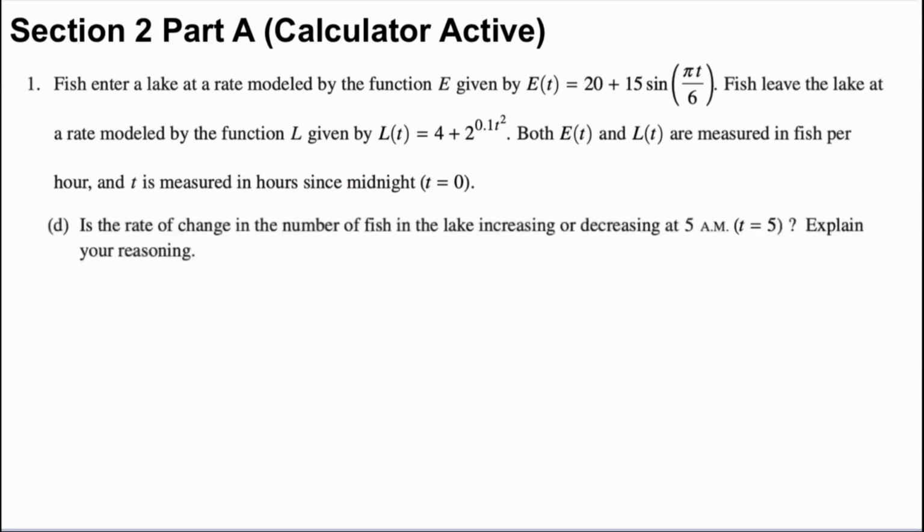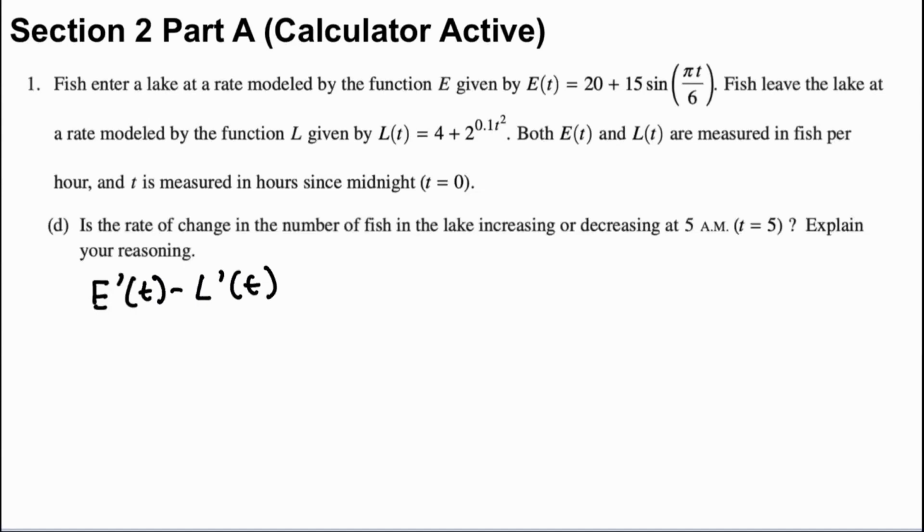Now D. Is the rate of change in the number of fish in the lake increasing or decreasing at 5 a.m., t equals 5? Explain your reasoning. So again, we're going to look at this function. I'm not going to write it out again. We're going to look at E of t minus L of t, because we're trying to look at if the total is increasing or decreasing at t equals 5.